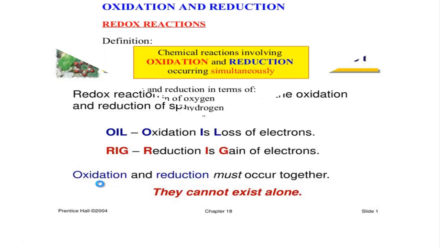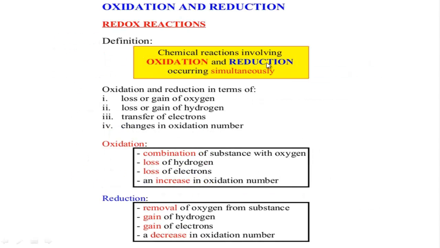Now, in oxidation and reduction reactions, these four things happen: loss or gain of oxygen, loss or gain of hydrogen, transfer of electrons, and changes in oxidation number.